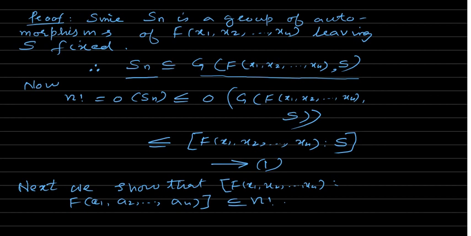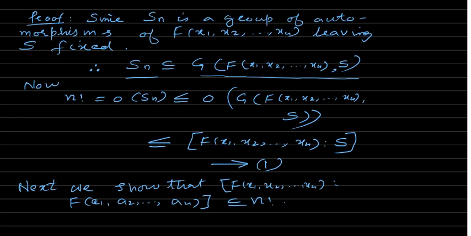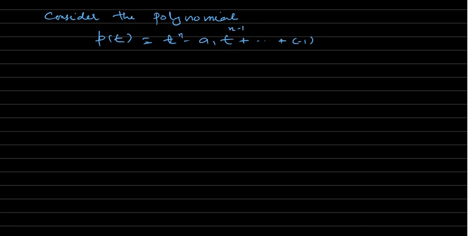Let's consider a polynomial. Consider the polynomial P(t), which is equal to t^n minus a1 t^(n-1) plus ... plus (-1)^n a_n.